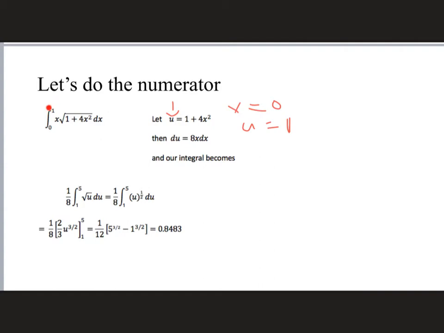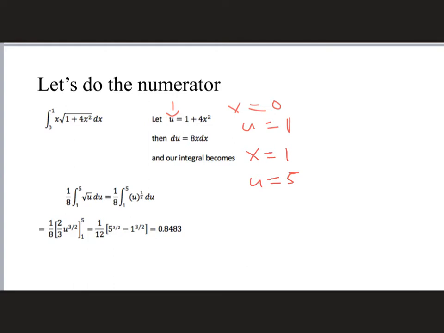And then for the limit x equals 1, I simply plug in a 1 there. 1 squared gives me 1, times 4 is 4, plus 1 gives us 5. So if x is equal to 1, that means that u is equal to 5. And so we have done a limit change, and we can simply plug those limits in right there, and that will let us do this integral.